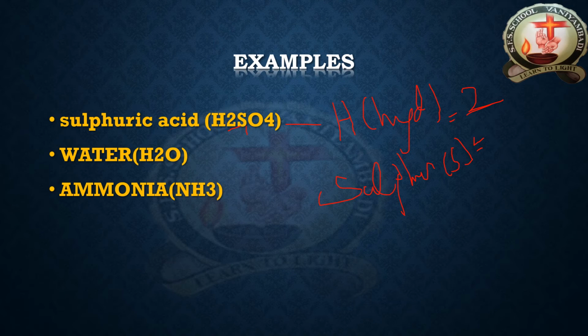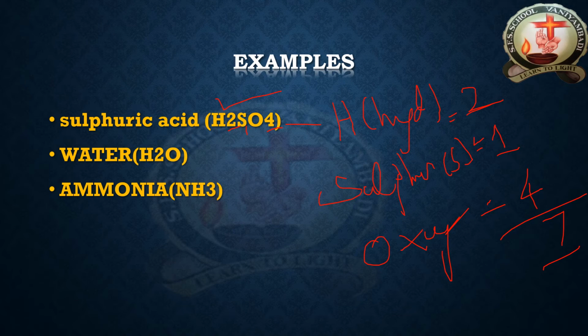Only one. So we can say 1. So oxygen. How many oxygen are there? 4 oxygen are there. We can say 4. What is the total atomicity of this sulfuric acid? 2 plus 1, 3. 3 plus 4, 7. So the atomicity of sulfuric acid is 7.